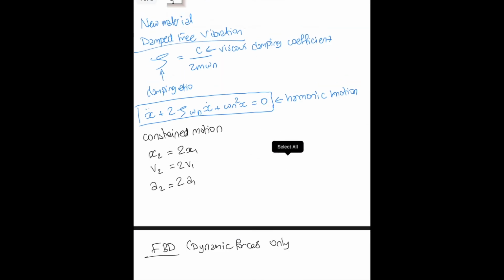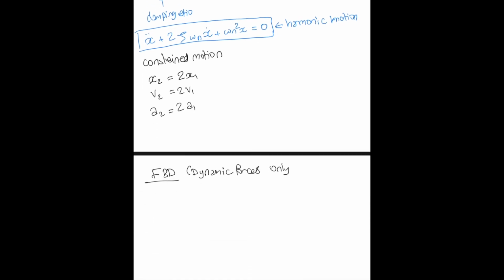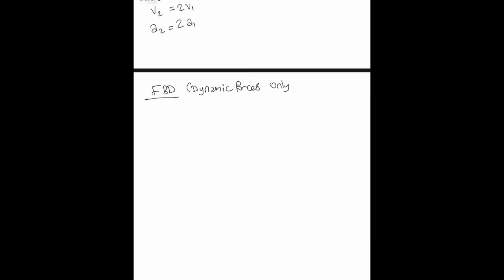Now let's draw the free body diagram with dynamic forces only. We're only considering the dynamic forces because in the equation, we already consider the mass when we do the sum of forces. So we need to discard the mass in the simple harmonic motion. We've got mass m2.